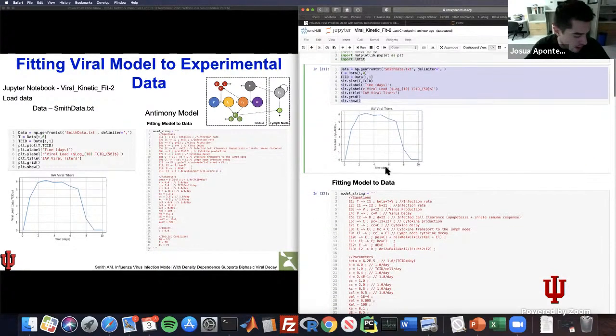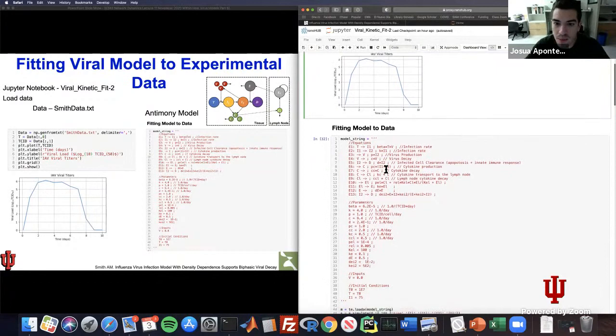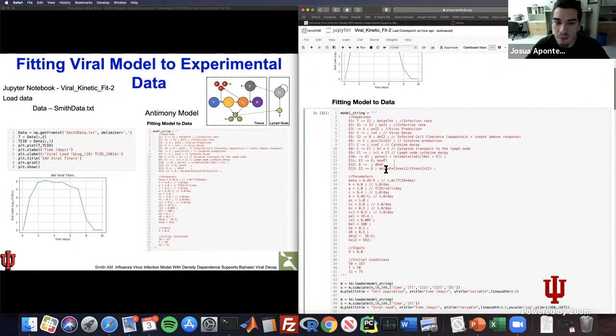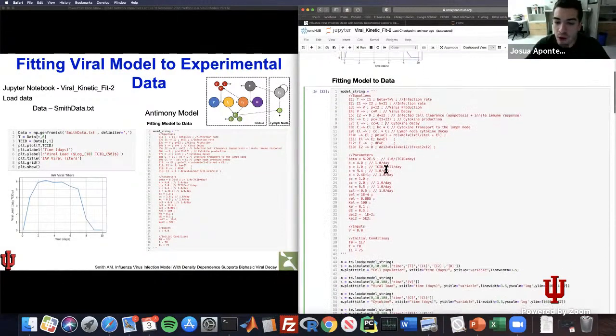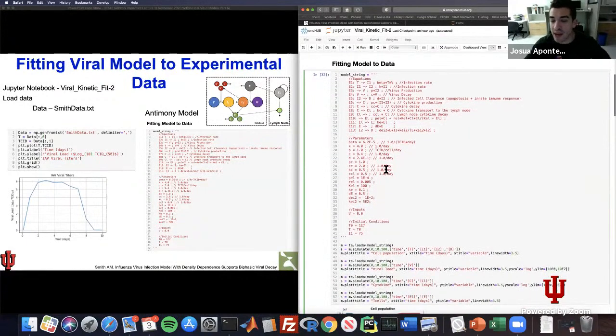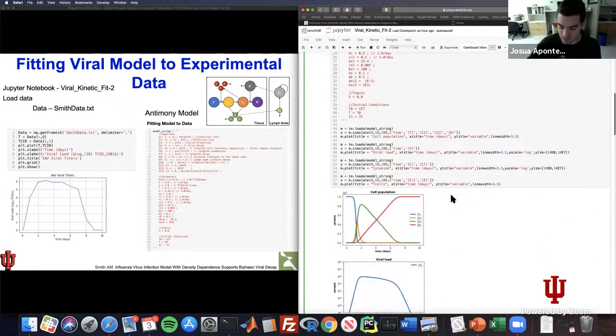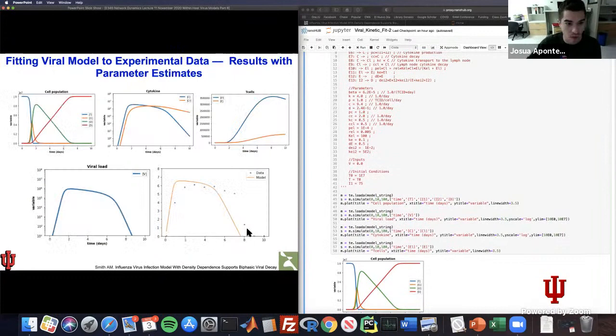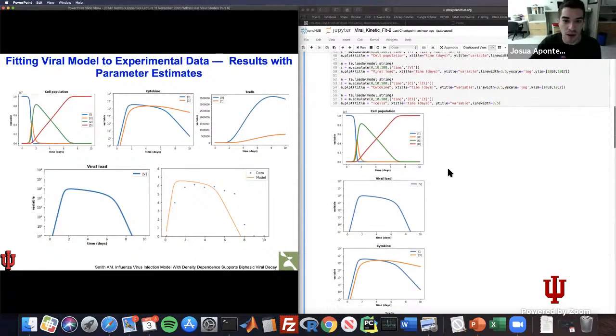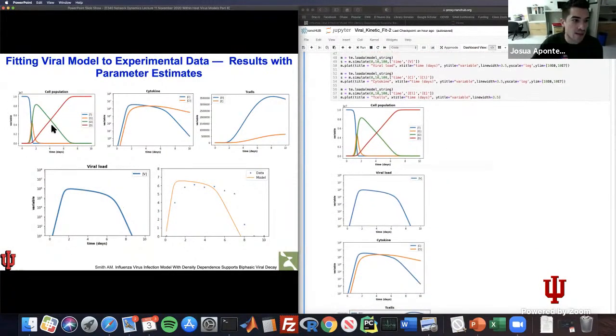And then the second part loads the Antimony model with the parameters that we estimated to get the previous viral load curve. And we saw already that we get the dynamics of the cell transitions, how cells transition from one state to the other.